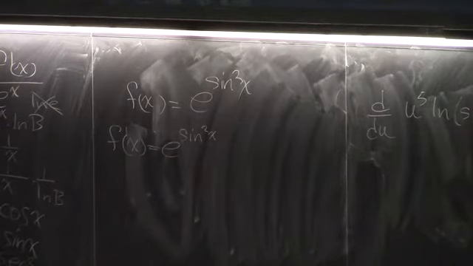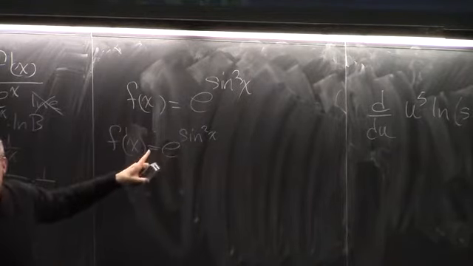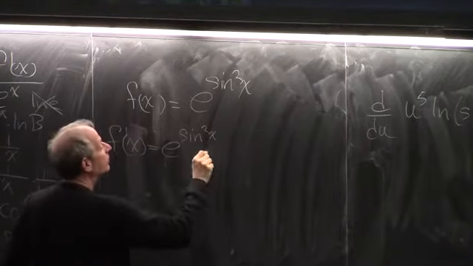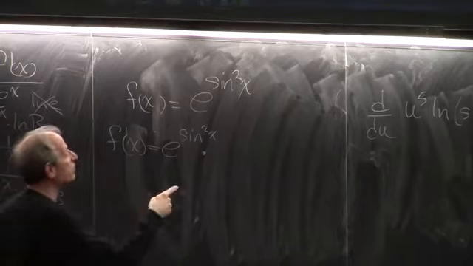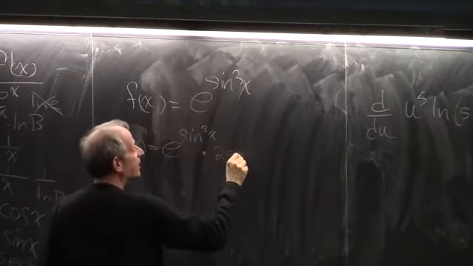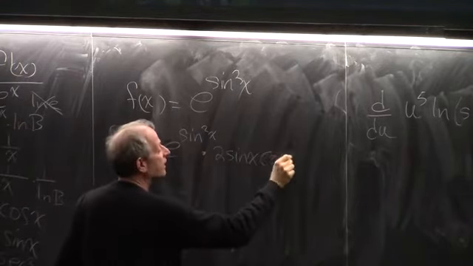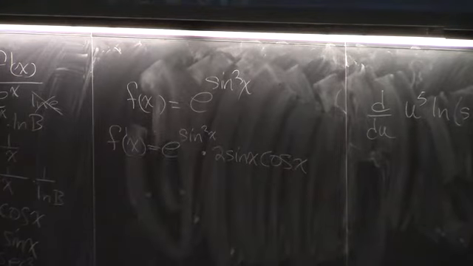It will show up everywhere through the derivative, okay? You can't get rid of it. So the derivative starts with e to the sine squared of x, and now you have to do times the derivative of the sine squared of x. The derivative of sine squared is 2 sine x to the 1, cosine x. Okay? Which if you're clever, you'll notice is sine of 2x. Yes?